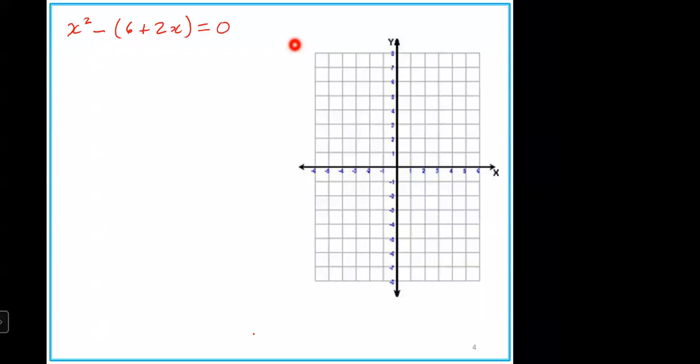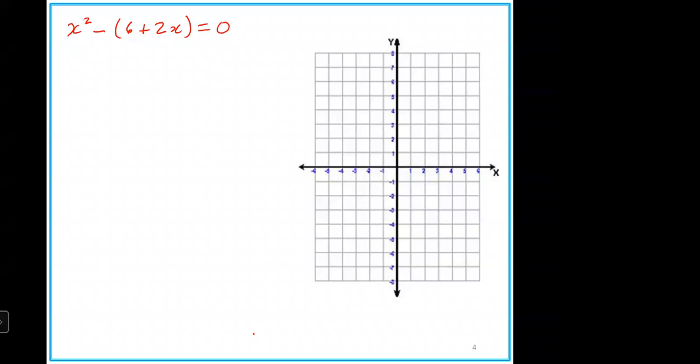All right, so let's look at that again. When the sum of 6 and twice a positive number is subtracted from the square of the number, 0 results. So that would be the equation you start off with: from the square of the number, subtract the sum of 6 and twice the number.